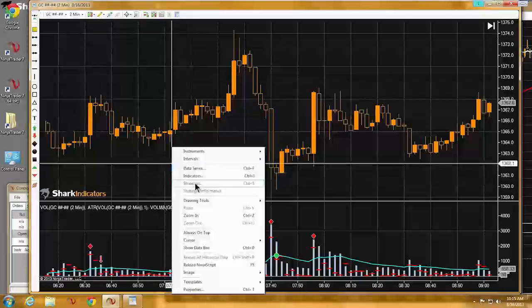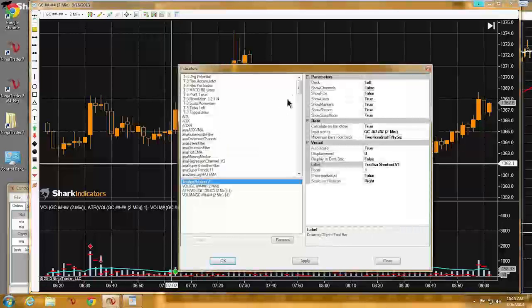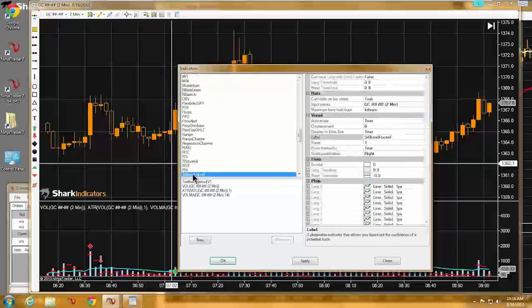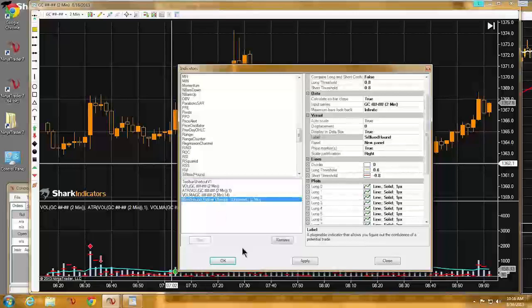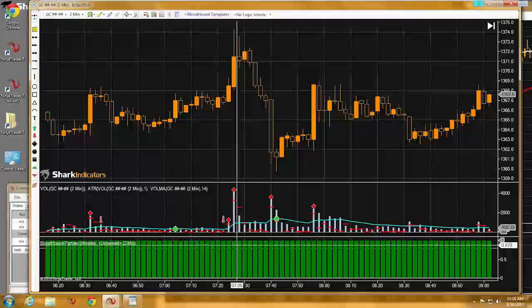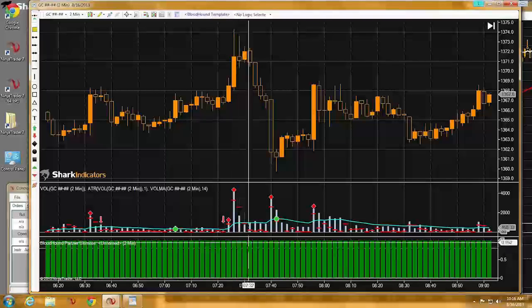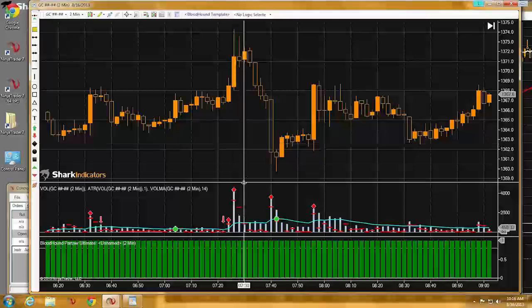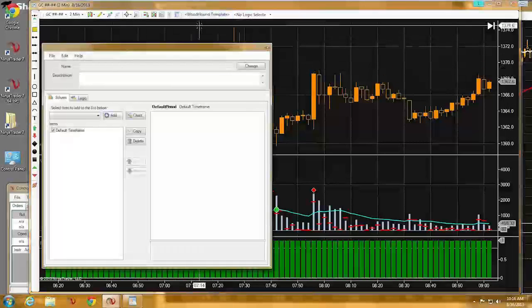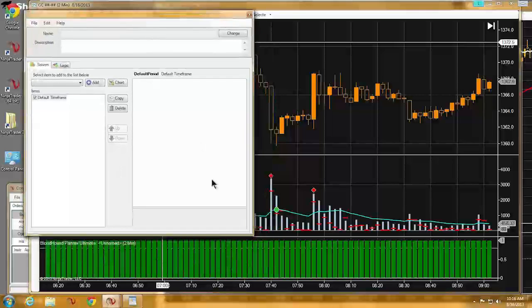All right, so let me get BloodHound on the chart here. There we go, our nice green bars. And so let's open up the interface.